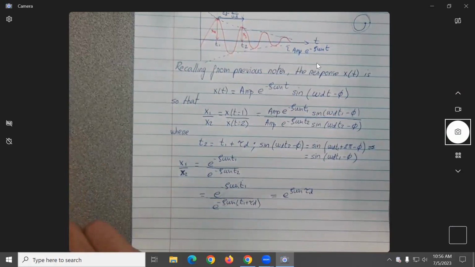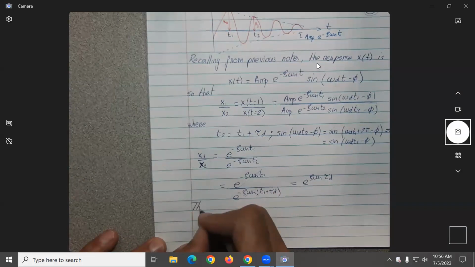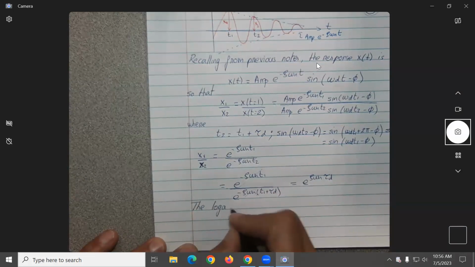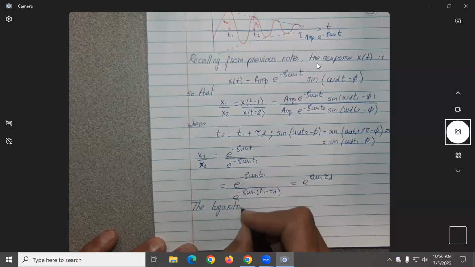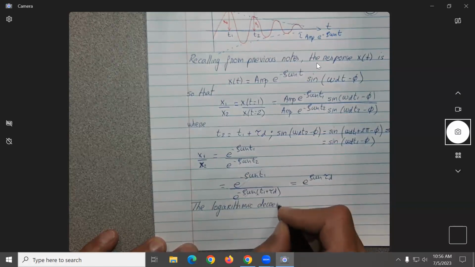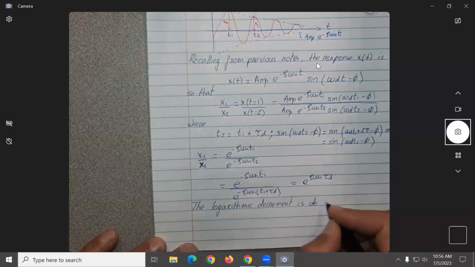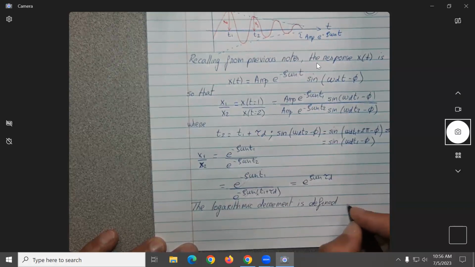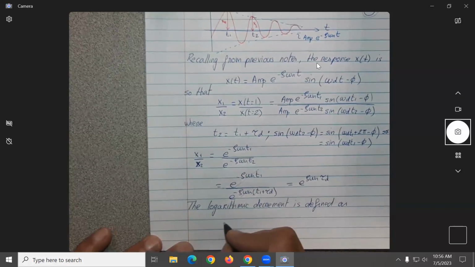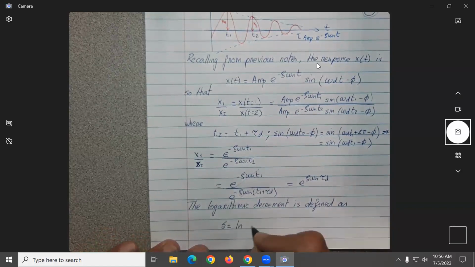Okay, so the logarithmic decrement is defined as lowercase delta, equal to the log of x1 over x2, that's why they call it logarithmic.